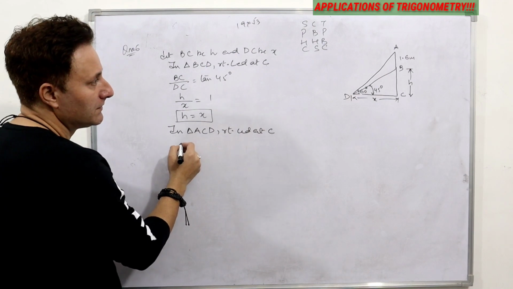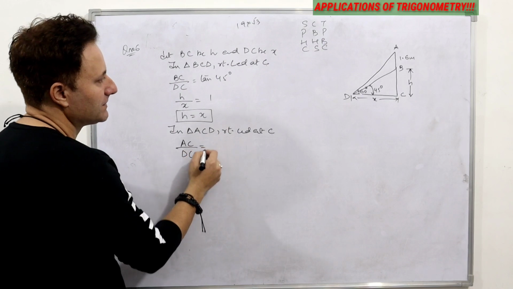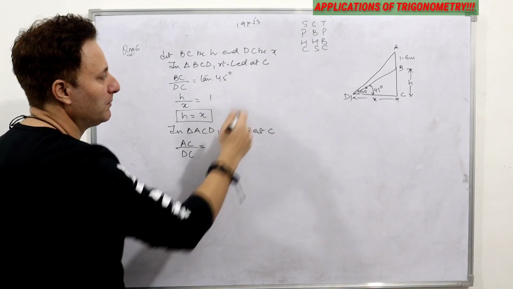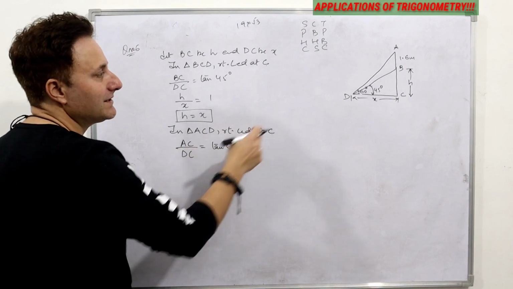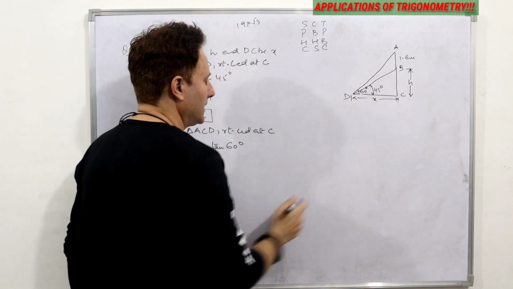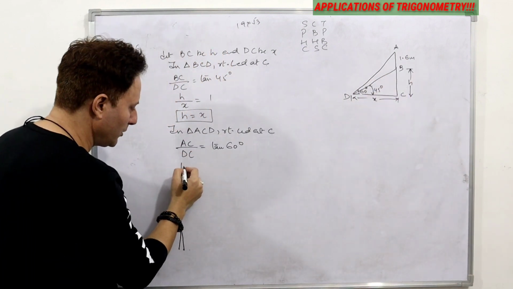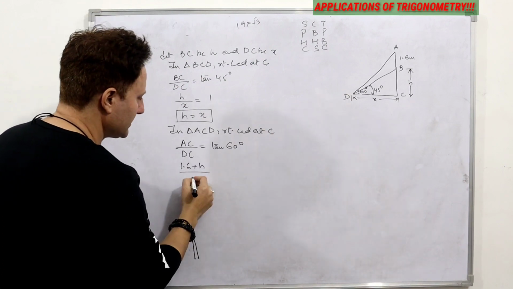Now we'll say AC upon DC is equal to perpendicular upon base, tan 60. AC, if you look carefully here, is 1.6 plus h. So that's what I will write, 1.6 plus h upon DC, which is x.